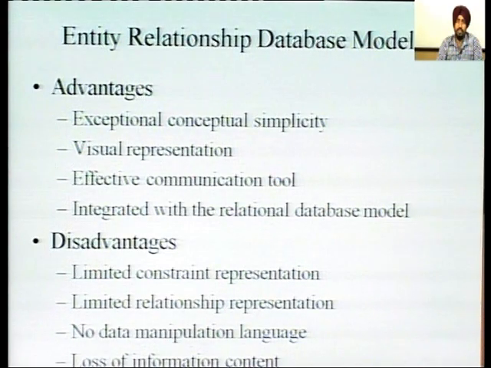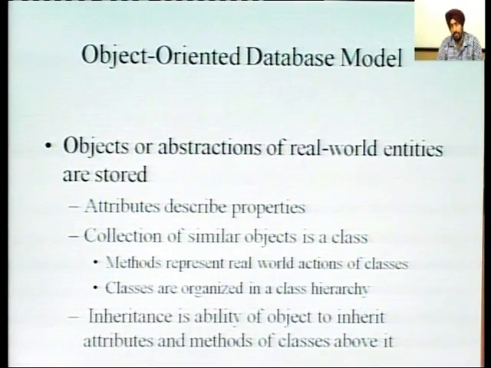Disadvantages of the entity relationship database are limited constraint representation, limited relational representation, no data manipulation language, loss of information content. Object oriented database model. The object is an abstraction of real world entities that are stored.